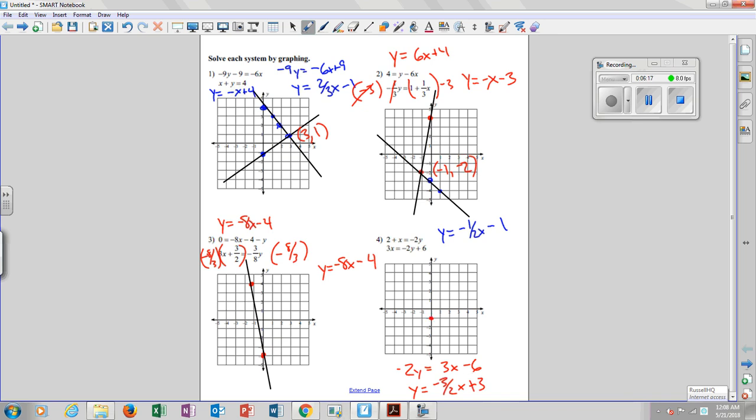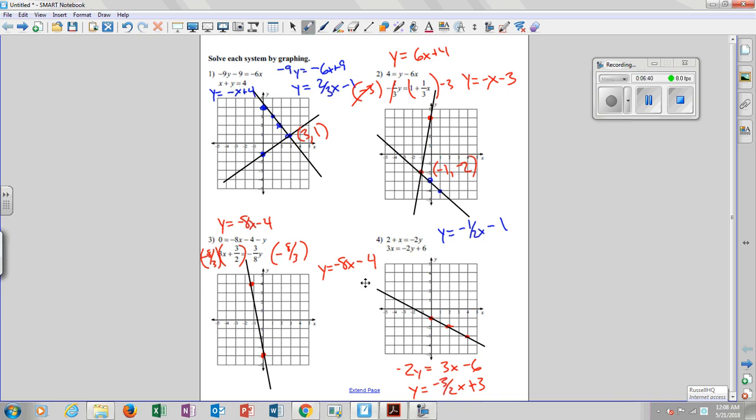Start by going down 1, make a dot. Then you go down 1, right 2. Down 1, right 2. Draw a line in between your dots.